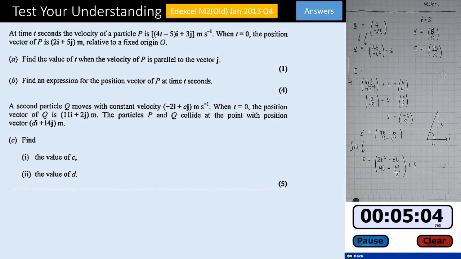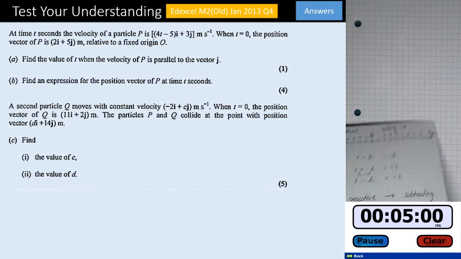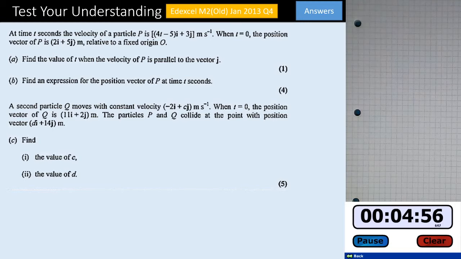Okay, we're getting close to the halfway mark. I'm going to get myself a set of fresh paper, or a column of fresh paper.